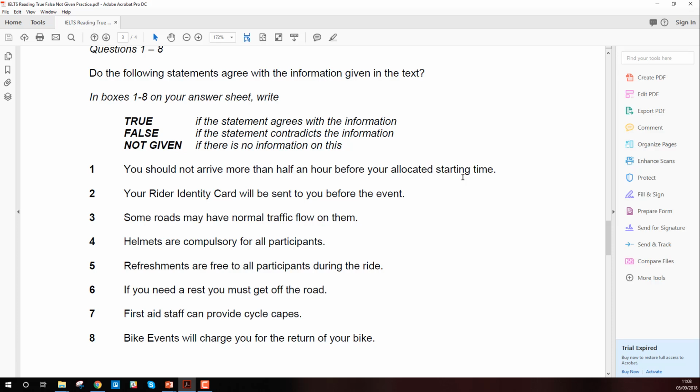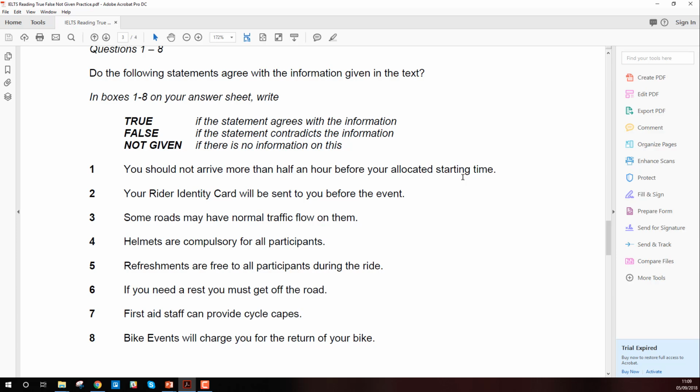If you need a rest, you must get off the road. You have to. There's no other choice. First aid staff can provide cycle capes. Okay, first aid staff, the people looking after injuries and illnesses and things like that, can provide cycle capes. You might not know what a cycle cape is, so hopefully the context of the text will help you understand what those are.